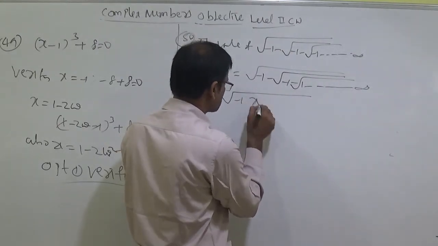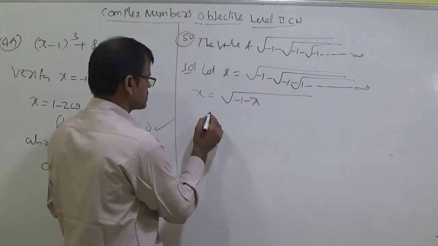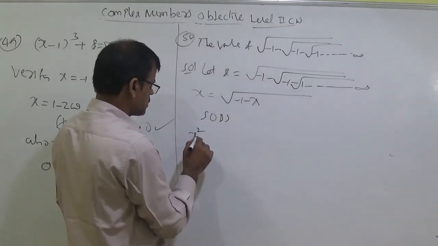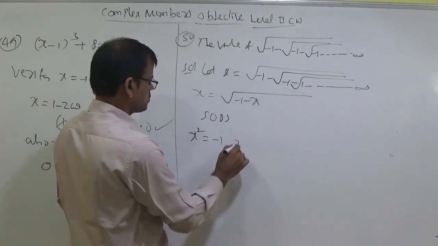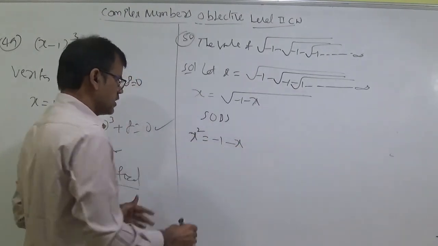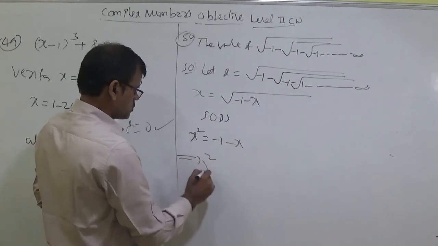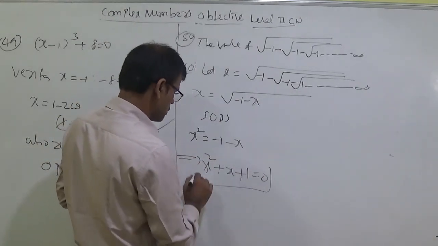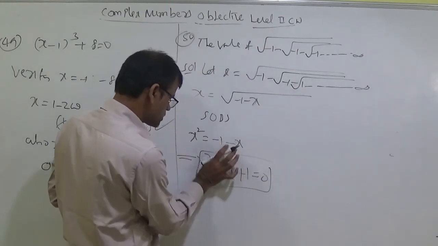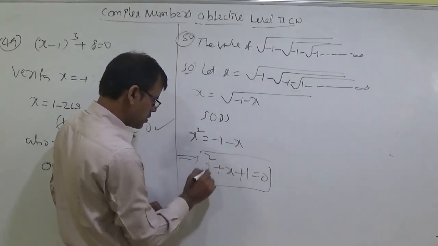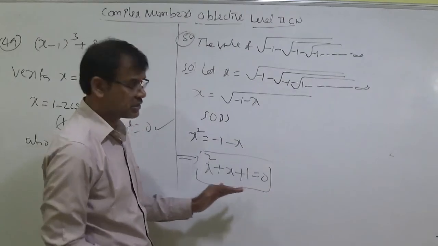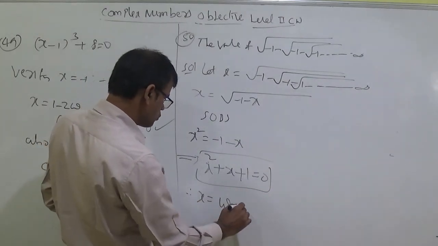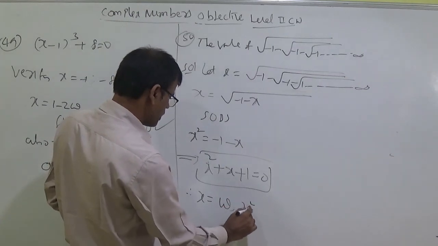So you can write x is equal to root of minus 1 minus x. Now squaring both sides, x square is equal to minus 1 minus x. Taking it to this side, x square plus x plus 1 equal to 0. Plenty of times we have discussed that whenever x square plus x plus 1 equal to 0, x is equal to omega, omega square.